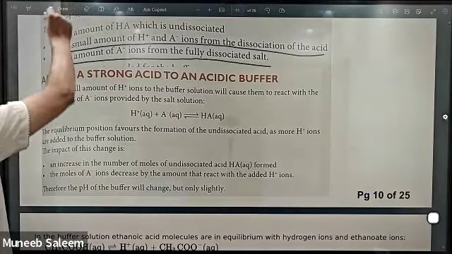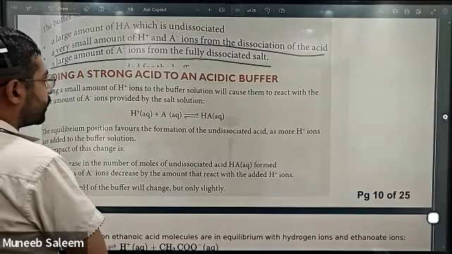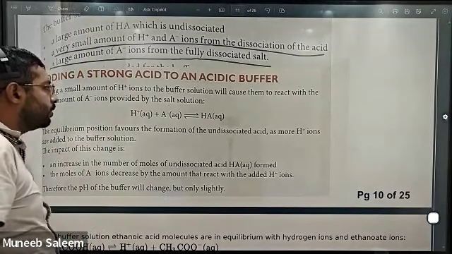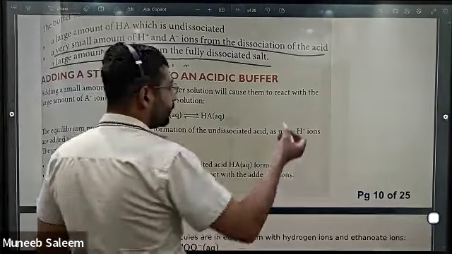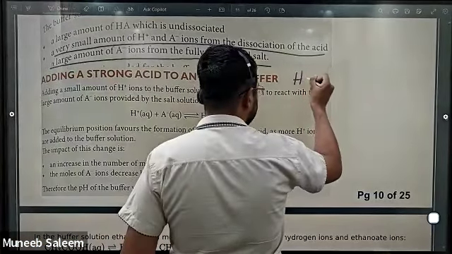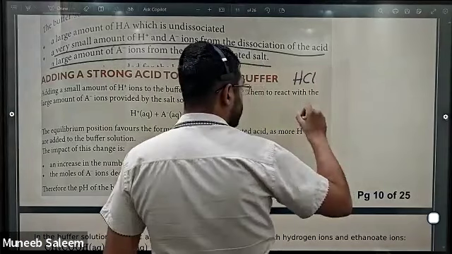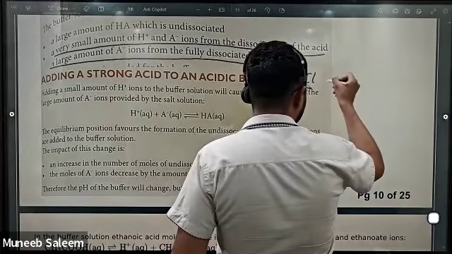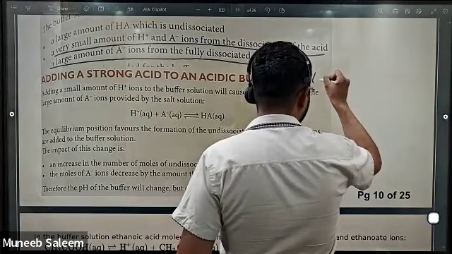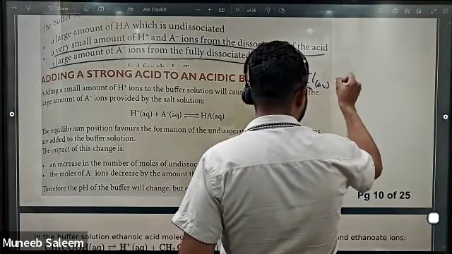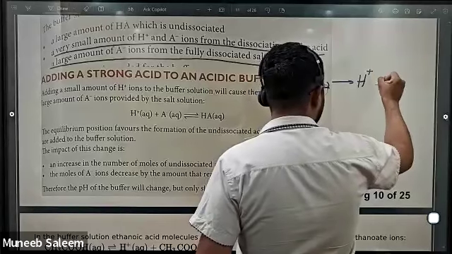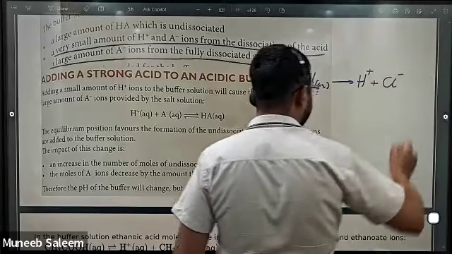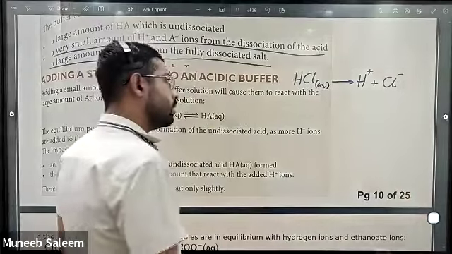So if you are adding strong acid into the acidic buffer, let's suppose you are adding HCl. As a result of this acid dissociating in water, it will produce the hydrogen ions completely along with the chloride ions. These two things will be produced.